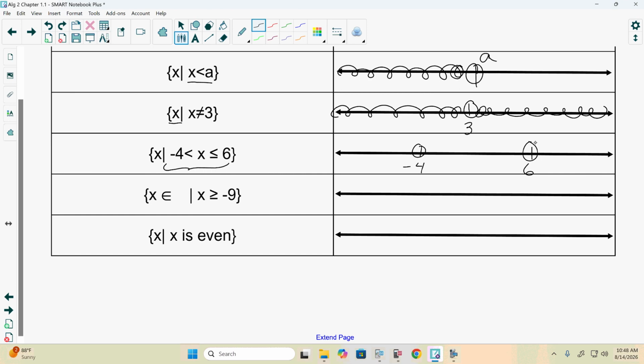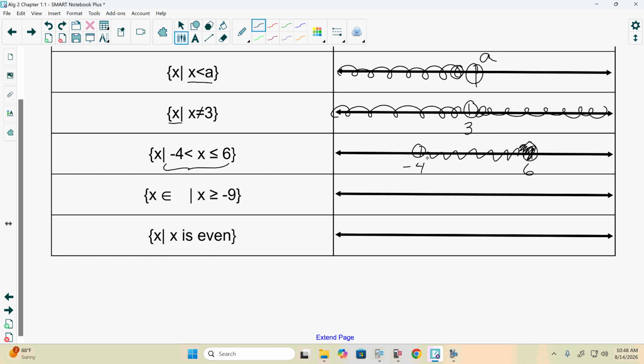For the circles, -4, is it included? Is x equal to it? No, because it's just -4 is less than x. Is 6 included? Is it equal to 6? Yes. So we would fill it in. And because x is in the middle, we shade in the middle. Questions on this here?